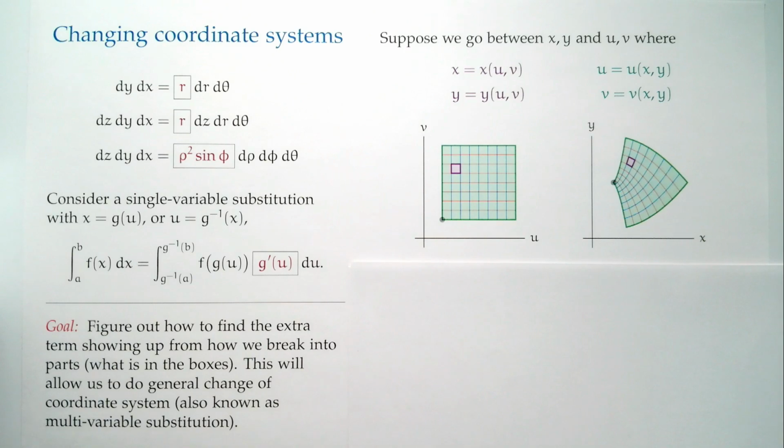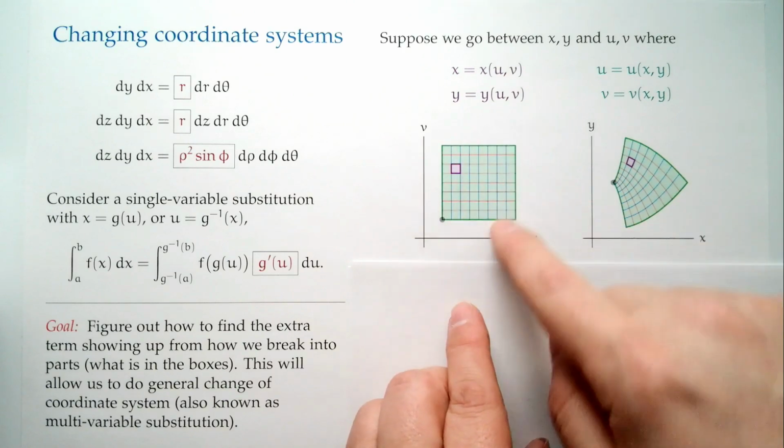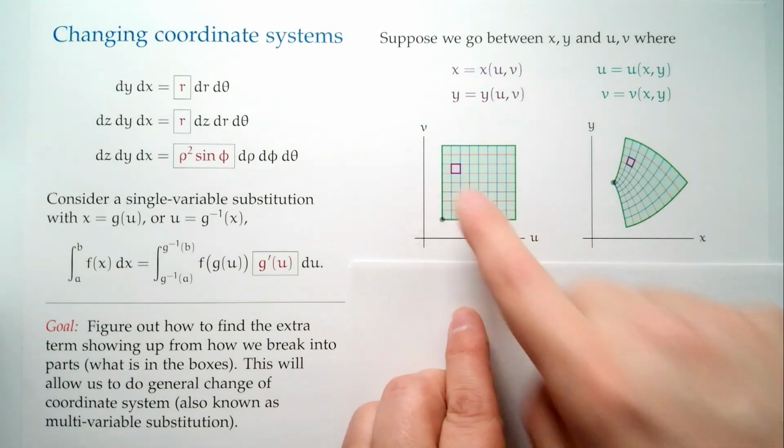And we can think about what's happening with integration. The idea of integration is pretty straightforward. We start by taking our region and breaking it into little pieces. I can take my region here in the UV plane, which is nice and square, so I can break things up. There's a little piece.